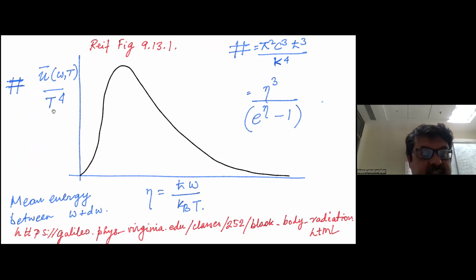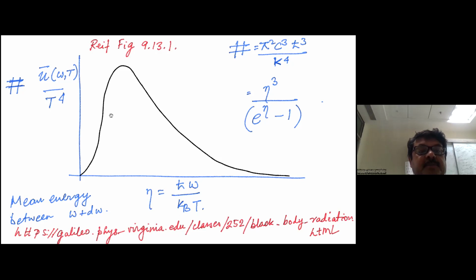So energy density normalized by T to the power 4, and there's a certain constant which later we will derive, and that constant is pi squared c cubed h cross cubed k to the power 4. So this k stands for k_B to the power 4, though the value of k_B was discovered much later.